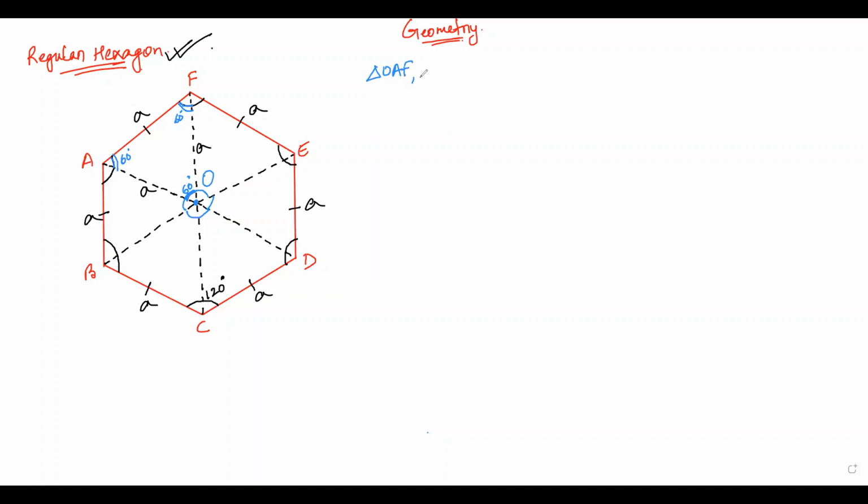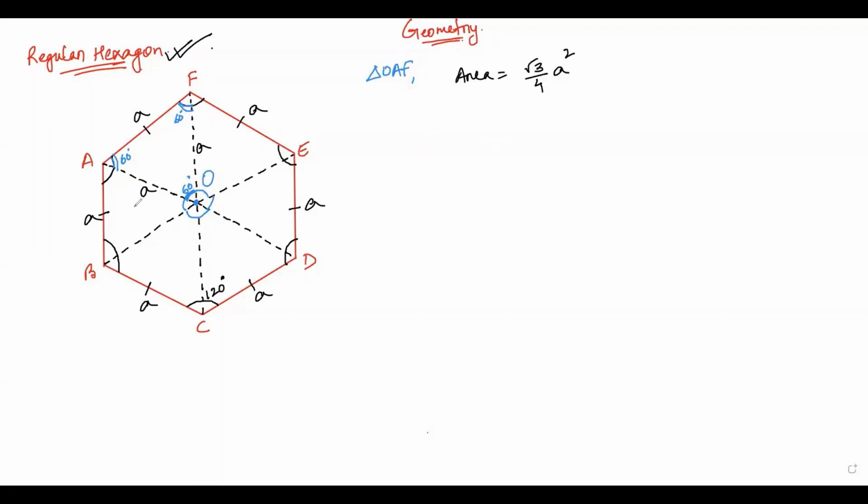Now we know for an equilateral triangle, the area is given by √3/4 into side square, and here the side is a, so this would be √3/4 into a square. We can also find the area of the triangle OAF by using the formula for the area of a triangle as half into the product of the two sides into sine of the angle between them.